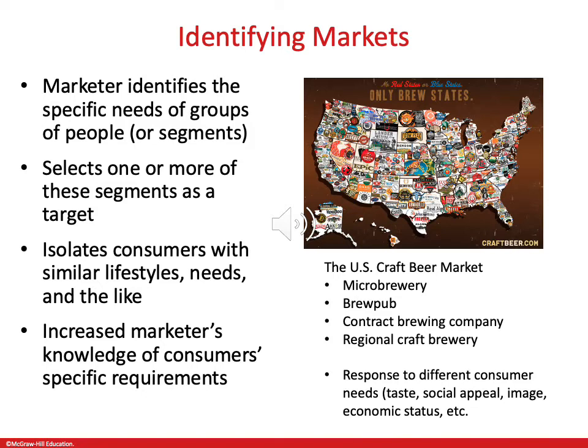And the reason we do segmentation is to isolate consumers and put the ones that have similar lifestyles, needs, and the like together so that we have a really clear picture of who our consumer target is, what their needs are, what their behaviors are, what their attitudes are, what their values are, so that we stand the best chance of being appealing and motivating them.